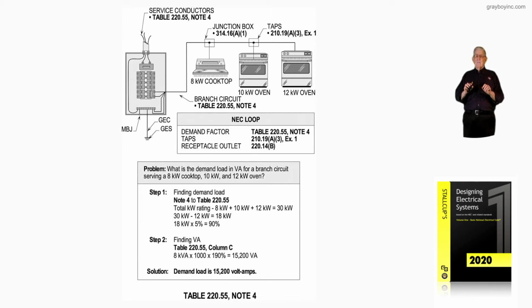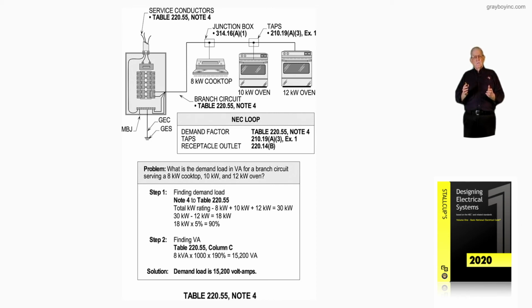But you've got to follow the rules and requirements in note 4 to table 220.55 when you want one branch circuit, for example, which is kind of typical in a lot of these dwelling units, residential, where you have a cooktop, one oven, or two ovens, depending on the requirements that are on the plans.